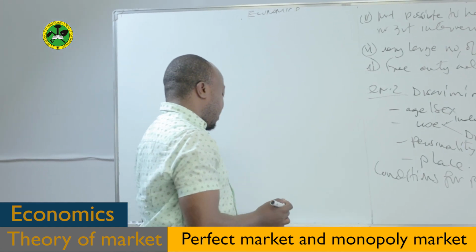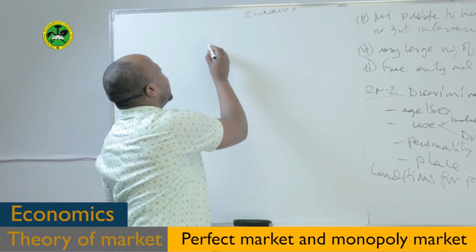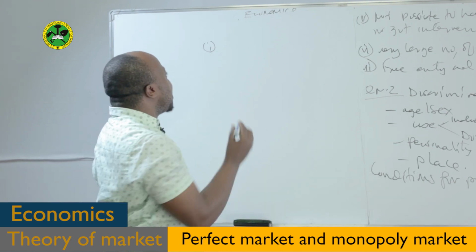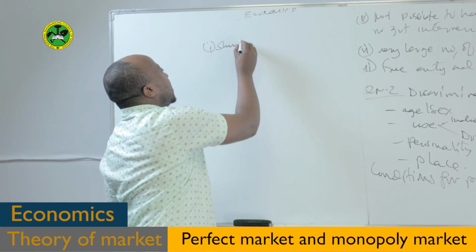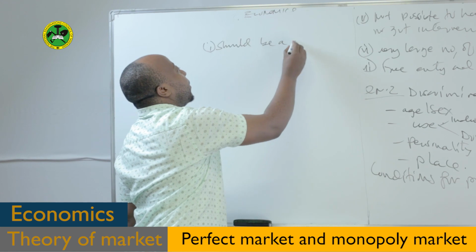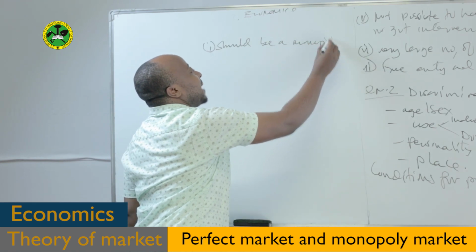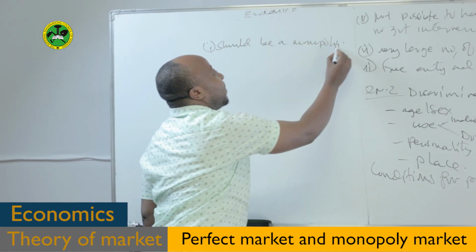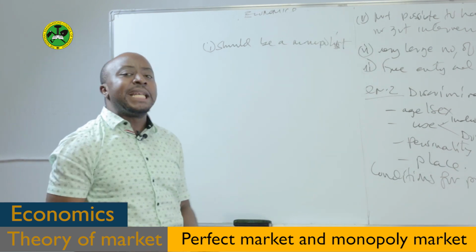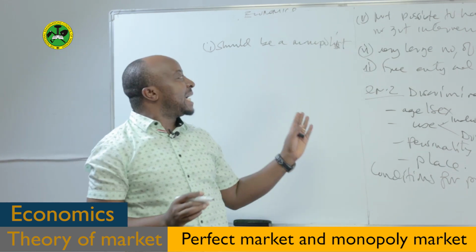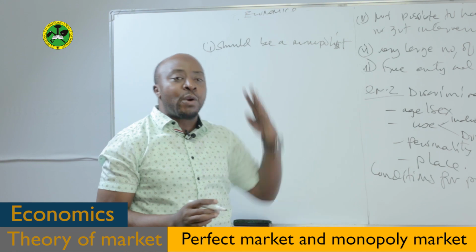For example, number 1, you should tell him that John should be a monopolist, because price discrimination is only possible when the market is in the hands of a monopoly.